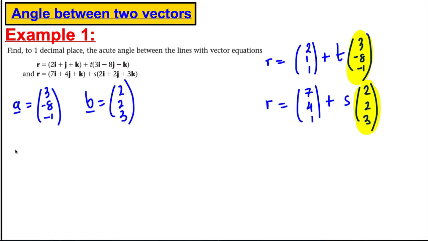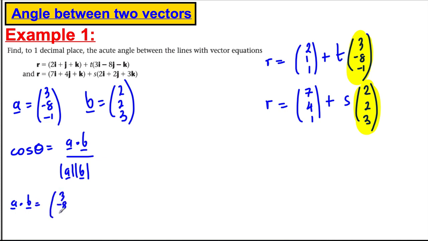We're going to write our formula down that we're going to use. Cos theta is equal to A dot B over the modulus of A, the modulus of B, and we're going to go on and work out each component. Right, so A dot B first of all. A dot B, that's going to be equal to (3, -8, -1) dotted with (2, 2, 3).